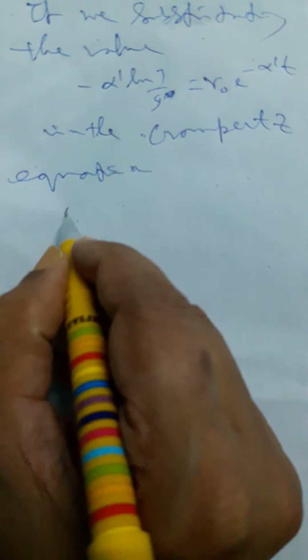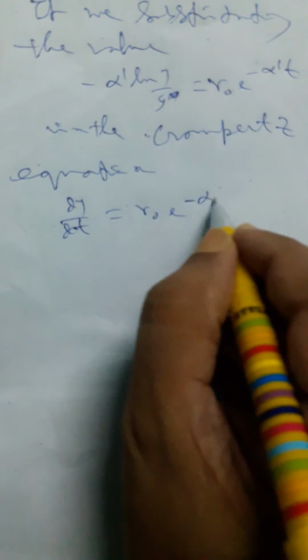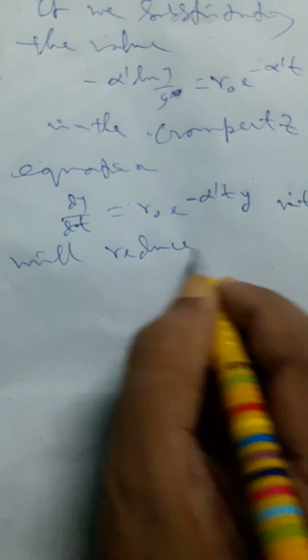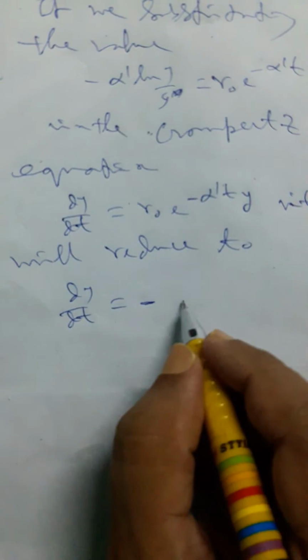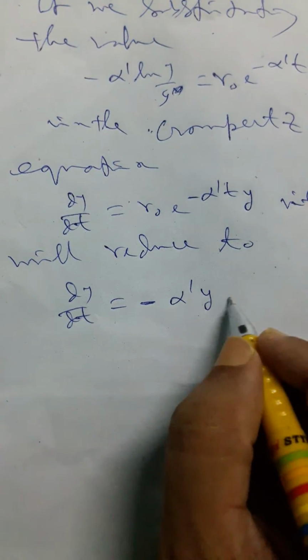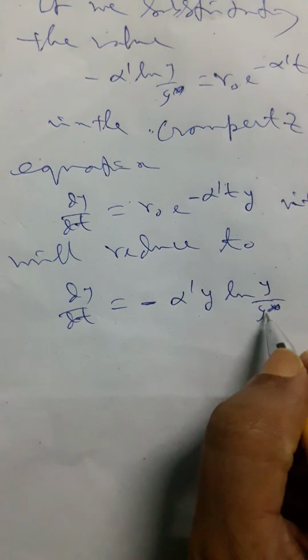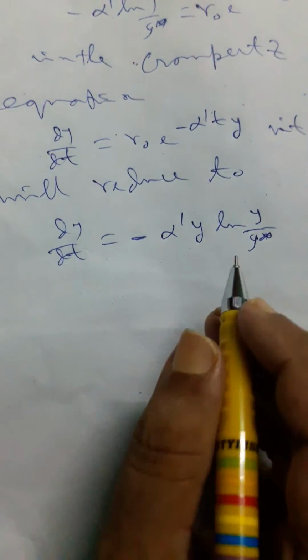Substituting minus alpha dash ln(y/y star) equals r0 into e to the power minus alpha dash t in the Gompertz equation, it reduces to dy/dt equals minus alpha dash y ln(y/y star). This is an alternative form of the Gompertz equation.